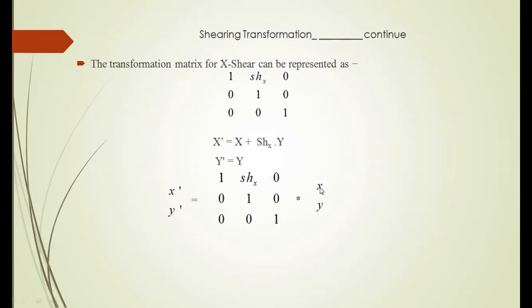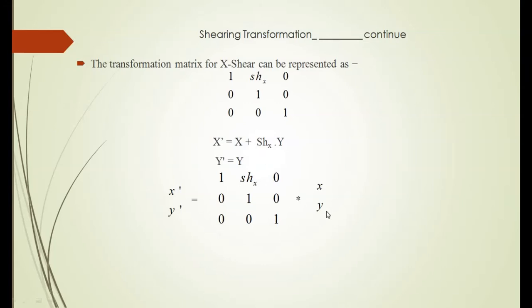We multiply this x y into the matrix, that is x plus y into SHX, and y is as it is, that is y dash is equal to y, and x dash is equal to x plus SHX into y.